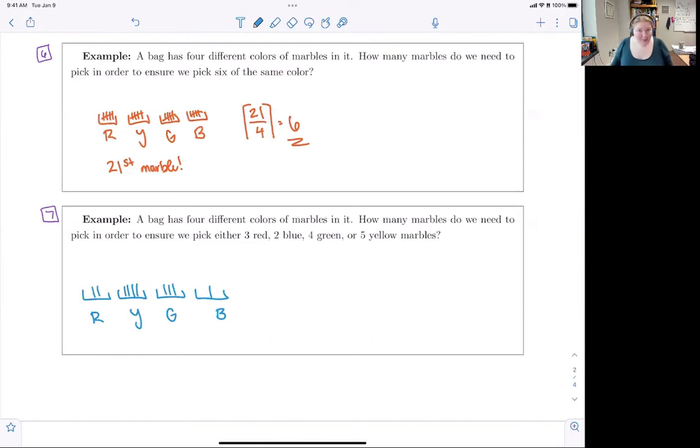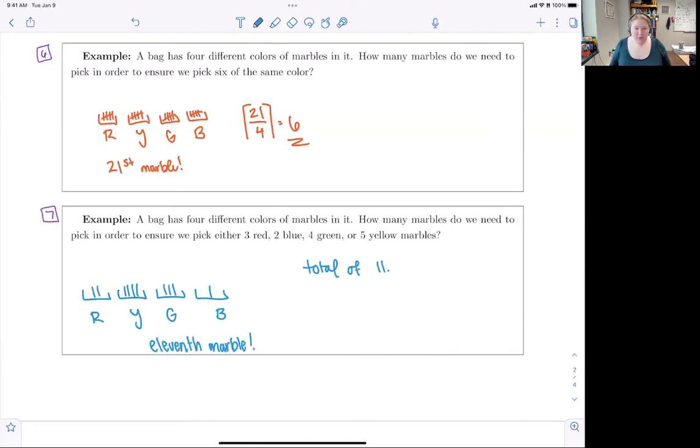Whatever the next marble would be is what would send me over the edge, right? So we have 1, 2, 3, 4, 5, 6, 7, 8, 9, 10. The 11th marble will do it. So we need a total of 11.